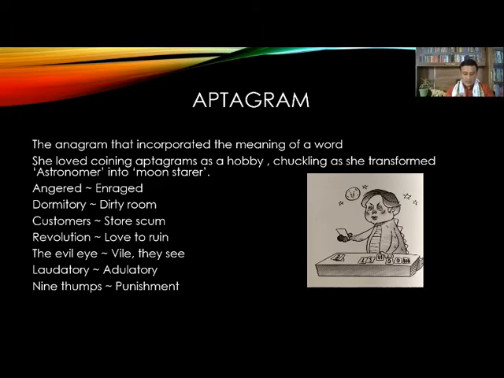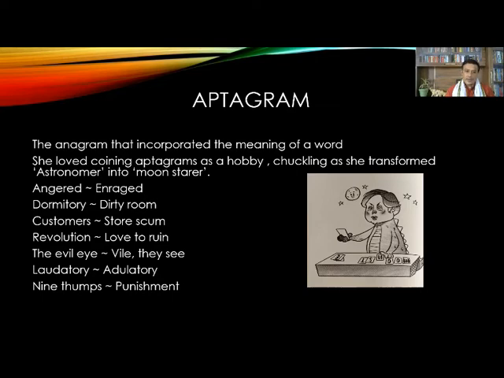And in moon starer, M, O, O, N, S, T, A, R, E, R. So all 10 are exhausted. So it is rearranging these 10 letters into two words, and the meaning is related. Astronomer and moon starer.